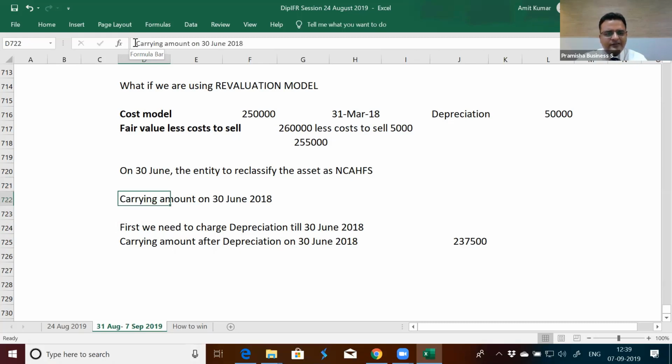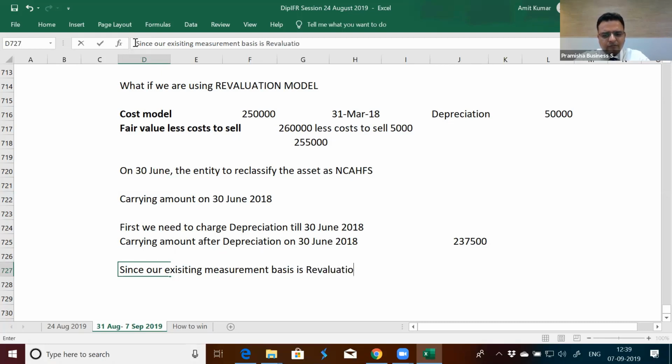Now, since our existing measurement basis is revaluation model, we need to perform the revaluation exercise as well.